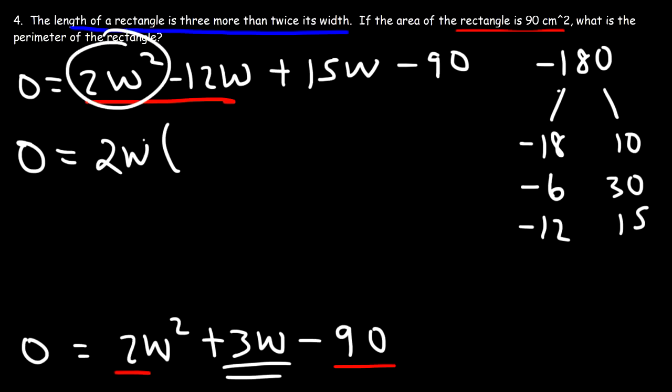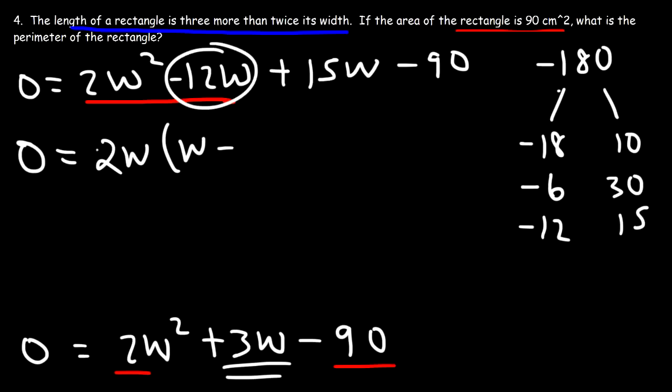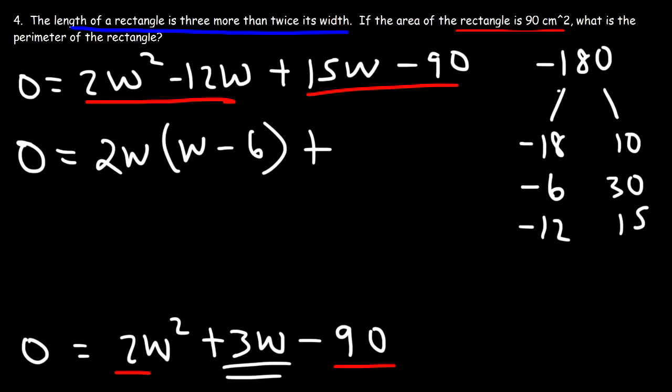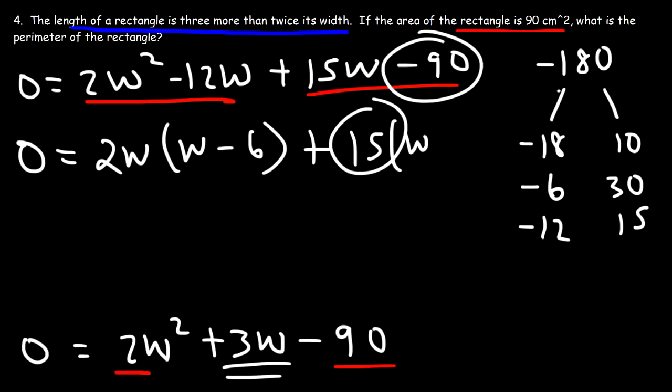And so now we have 2w squared divided by 2w, which is w, and then negative 12w divided by 2w, that's going to be negative 6. In the last two terms, let's factor out the greatest common factor, which is going to be 15. And so 15w divided by 15, that's just w. Negative 90 divided by 15, that's negative 6.